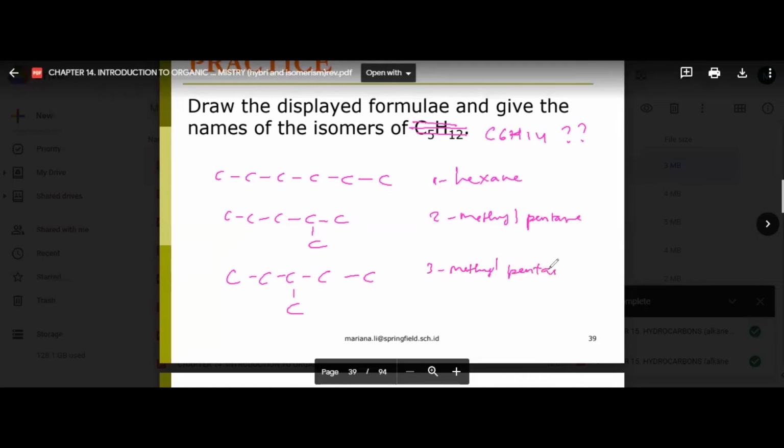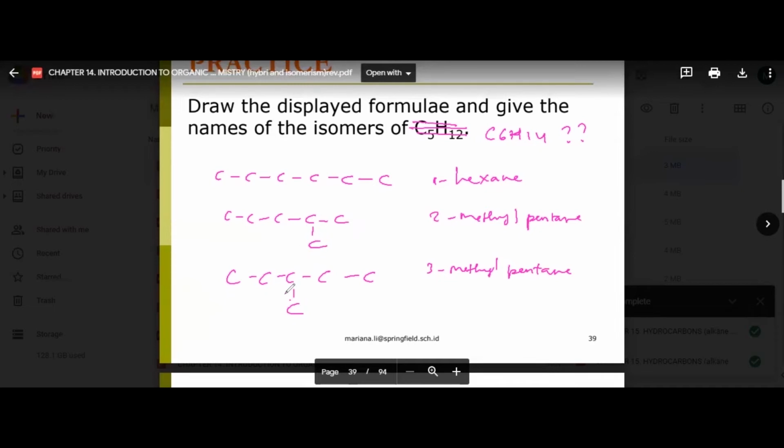So like this, just continue. What if I move this to the fourth C? If I move this to the fourth C, it will become 2-methyl pentane again, because now numbering is from the left side, right? So that's why isomers and naming have a very great connectivity.